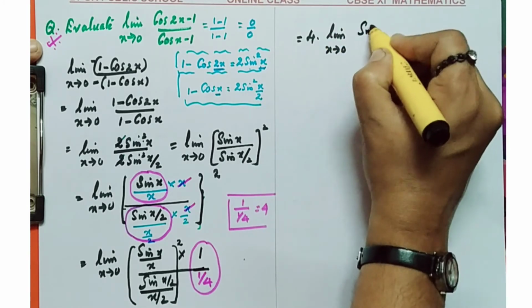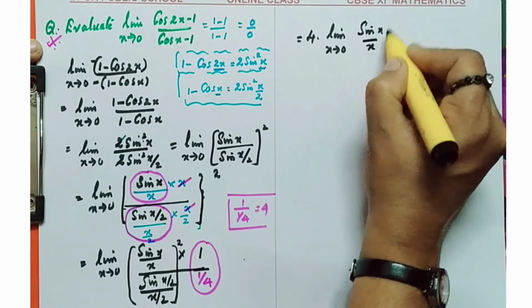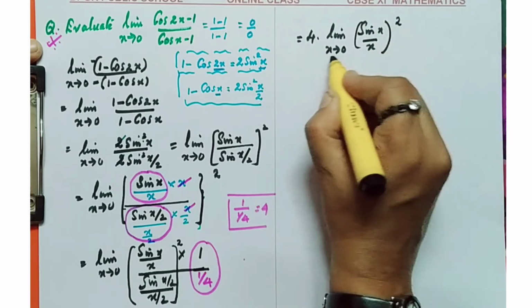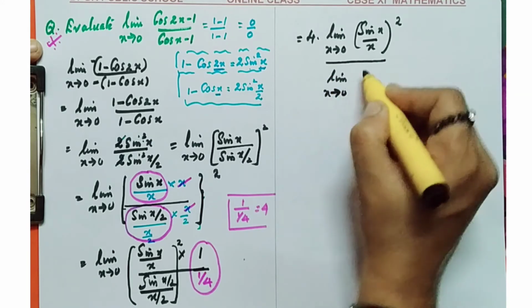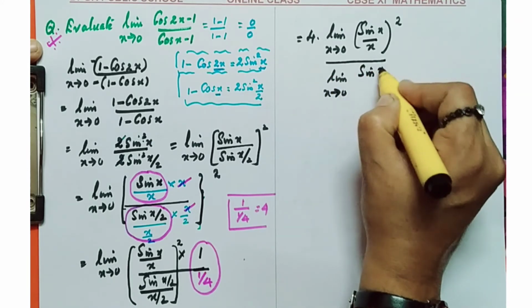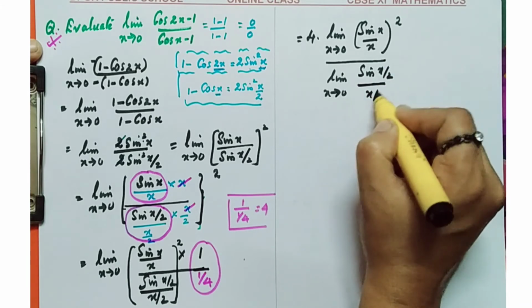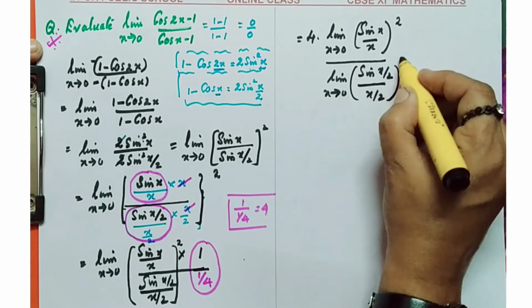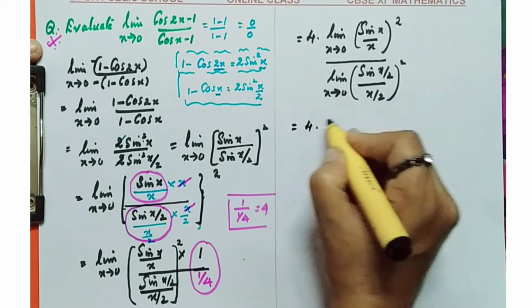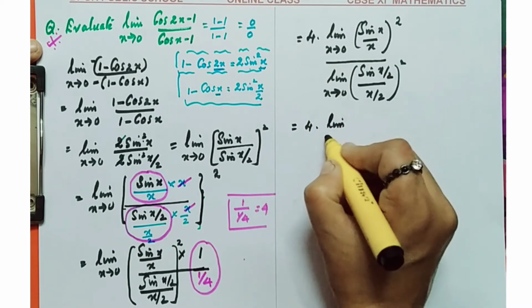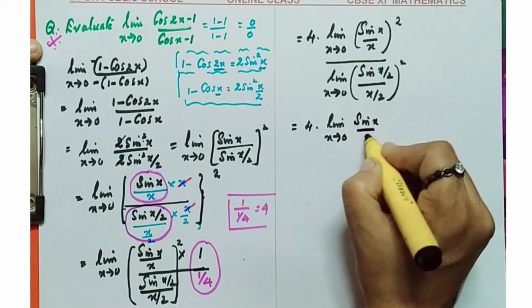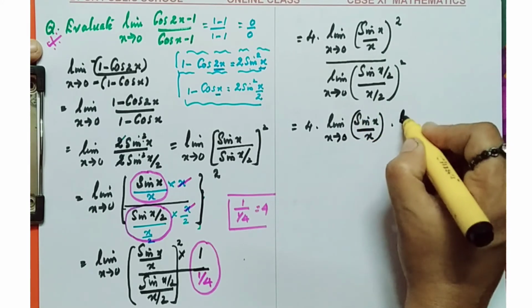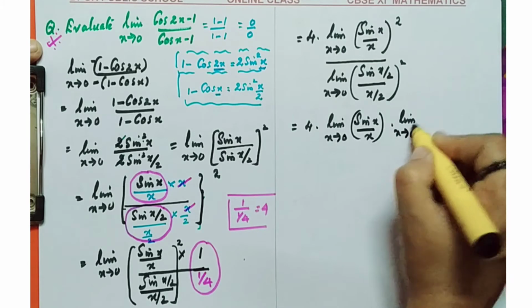sin x by x the whole square, separating the limit, divided by limit x tends to 0 sin x by 2 by x by 2 the whole square. So 4 into limit x tends to 0 sin x by x into limit x tends to 0 sin x by x.